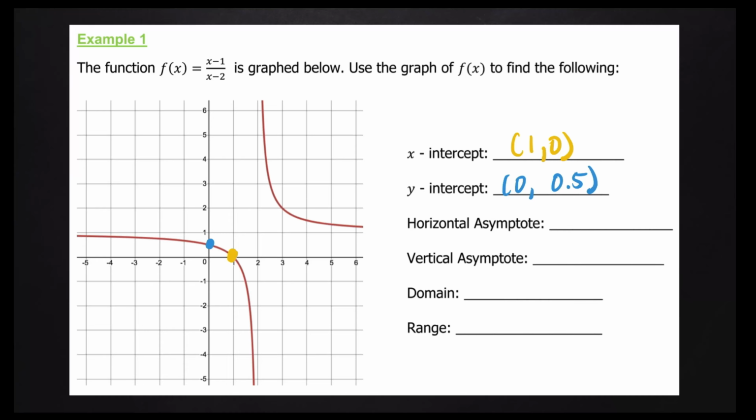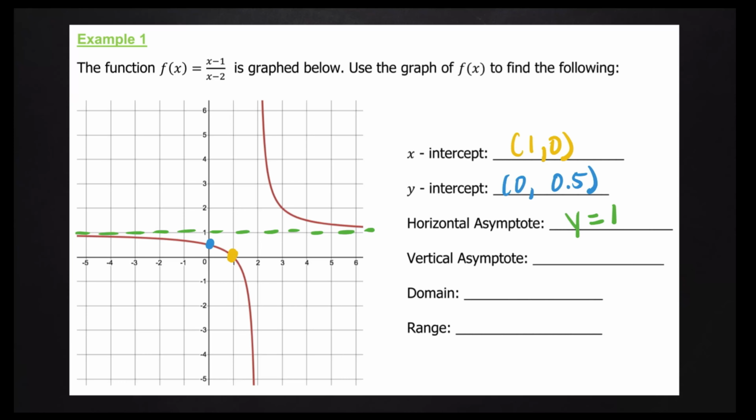When we talk about a horizontal asymptote, we're looking for an imaginary horizontal line, a y value that the branches of your graph get very close to but don't actually cross. We can see that y equals 1 is that value; the branches get very, very close to it but don't touch or cross.